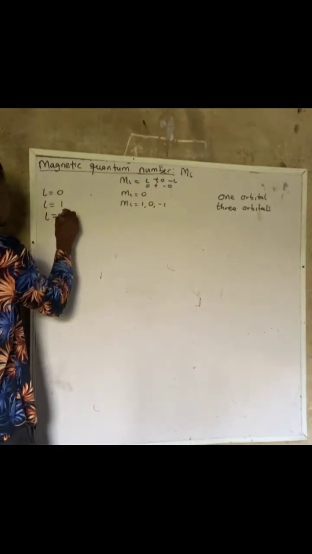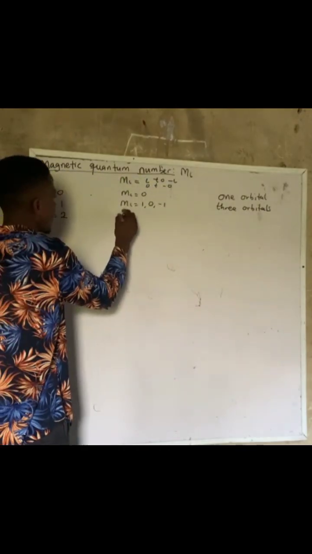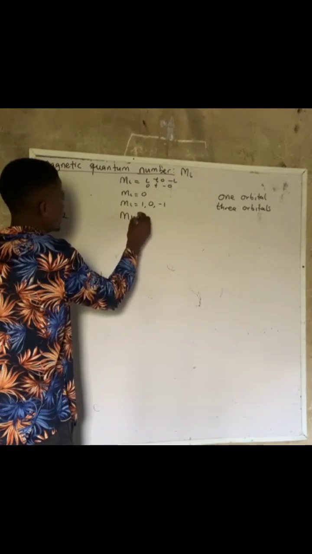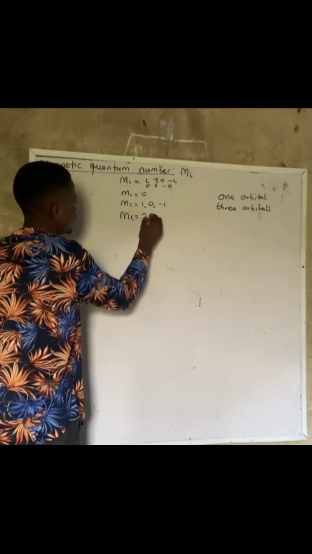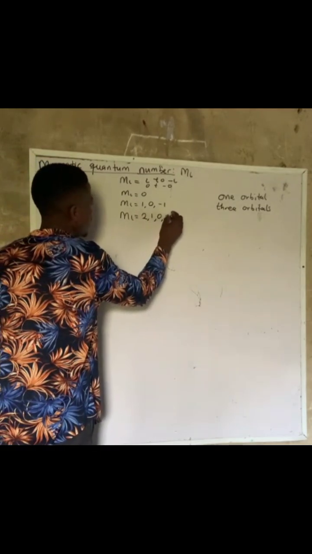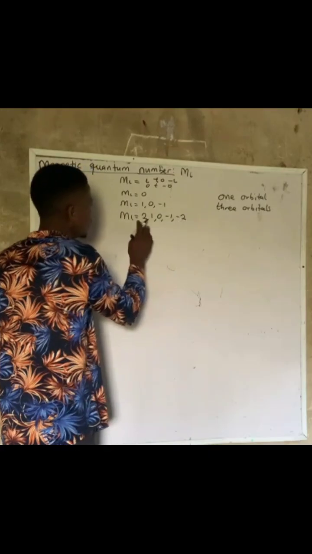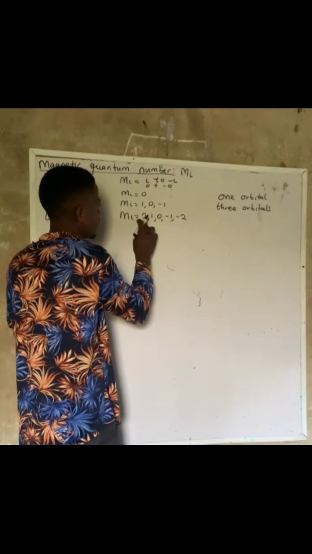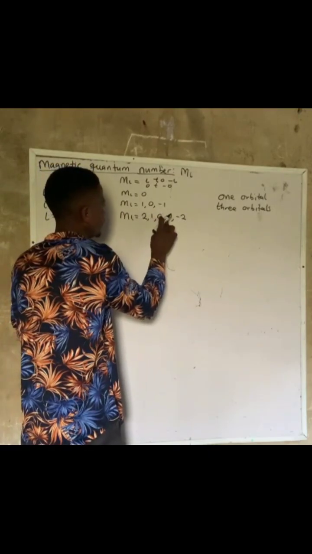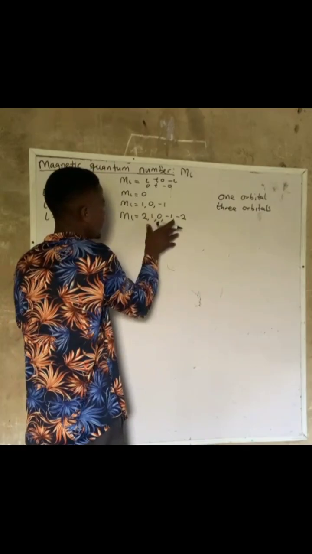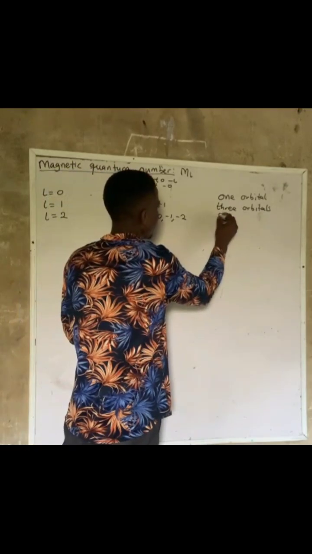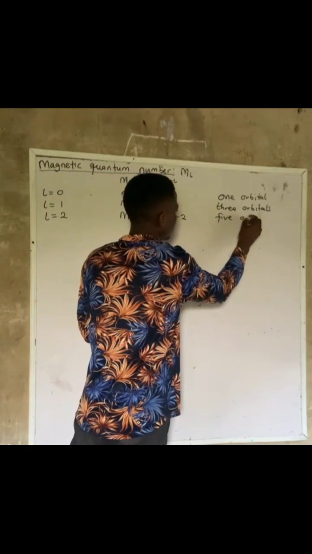When L equals 2, m_l ranges from plus 2, 1, 0, minus 1, minus 2. Therefore, we have 1, 2, 3, 4, 5 orbitals in this subshell.